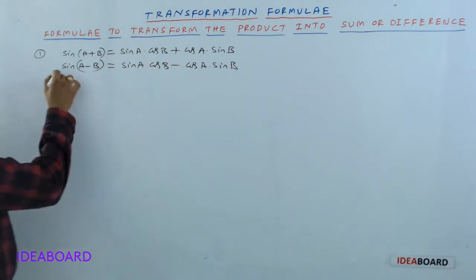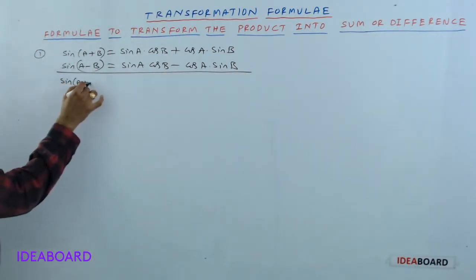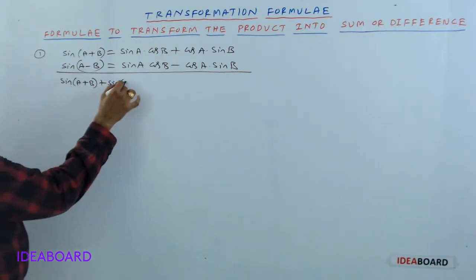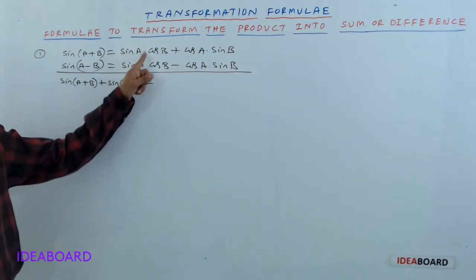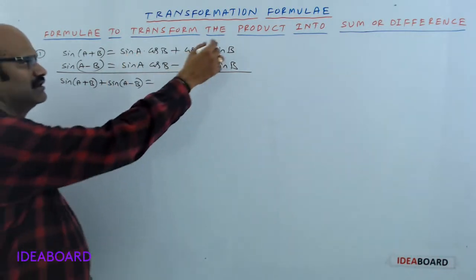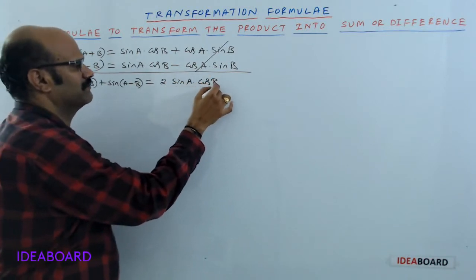If you take the sum, we get sin of A plus B plus sin of A minus B equal to 2 sin A into cos B. These two are cancelled.